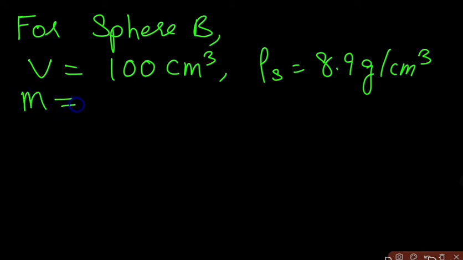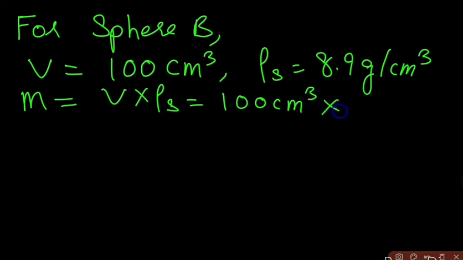Before finding the weight, we shall calculate its mass. So 100 centimeter cube multiplied by 8.9 gram per centimeter cube.